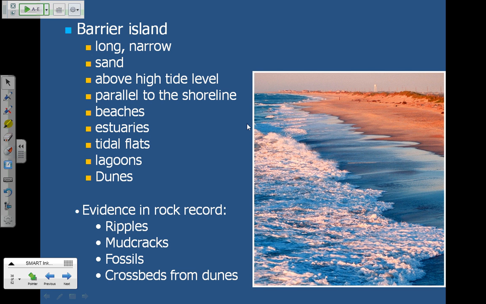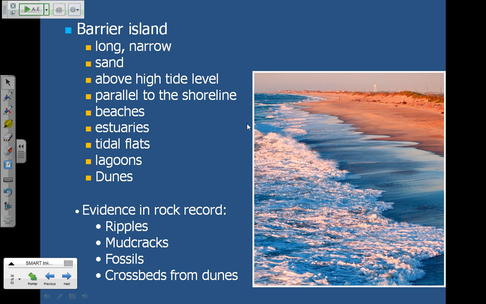So what might we find here? Let's think about fossils. What kind of fossils are we likely to find here? Seashells? How many people have walked along a beach? So you should know what you would find on the beach today. Well, you're going to see seashells, right? You should find maybe some dead seabirds.